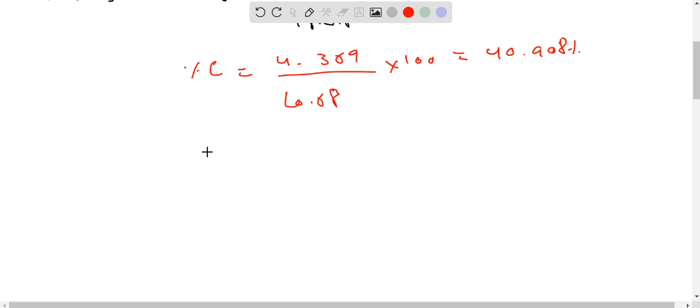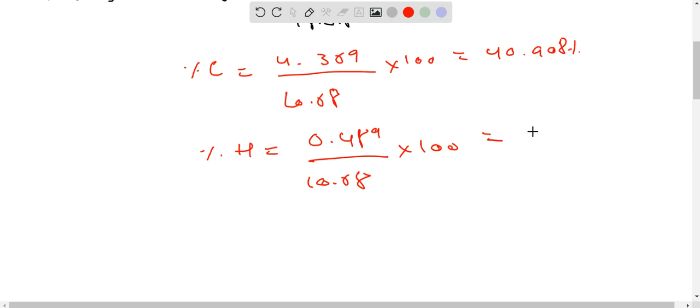So the percent of carbon is 40.908. Now find the percentage of hydrogen in the compound, which is equal to the mass 0.489 divided by the total mass of sample, which is 10.68, multiplied by 100.